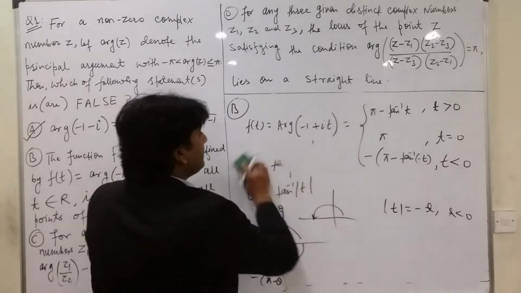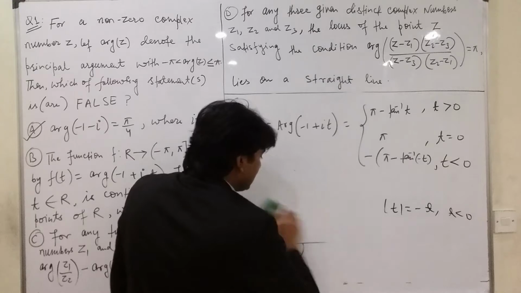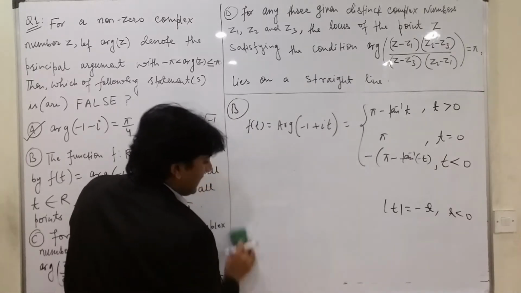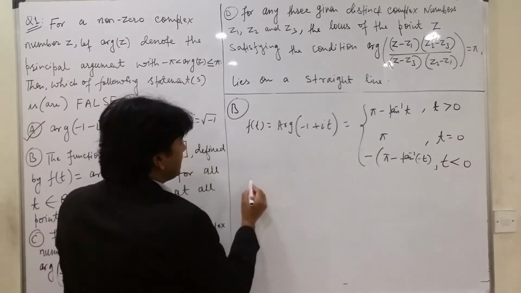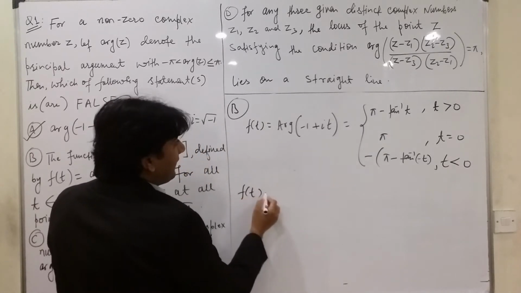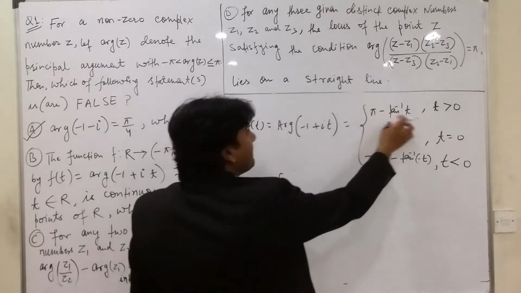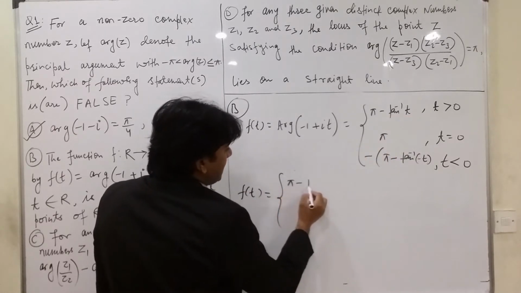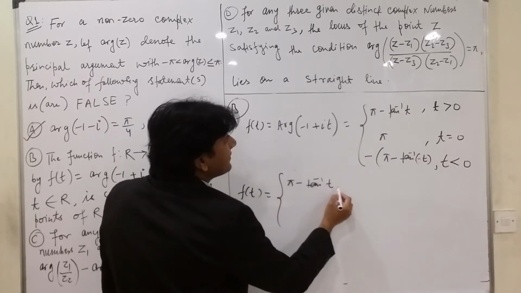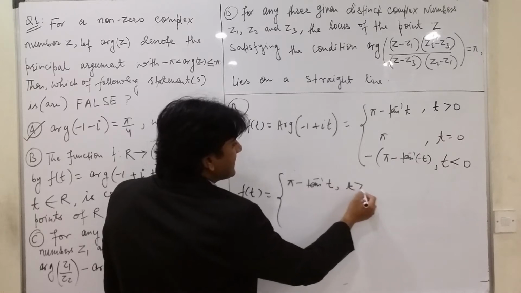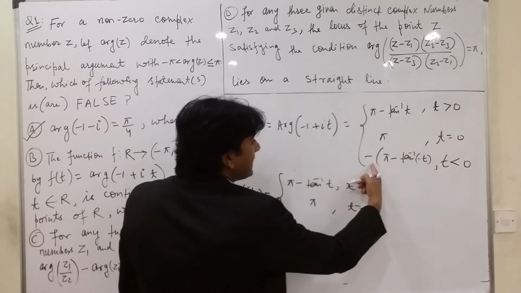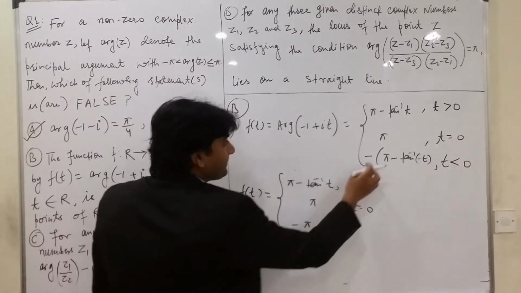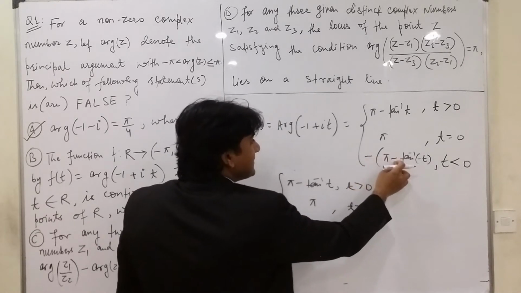Now we can discuss its continuity, I mean we have to discuss its limit. So again I will write f of t equals pi minus tan inverse t when t is greater than 0, pi when t equals 0, and minus pi plus tan inverse of minus t when t is less than 0.